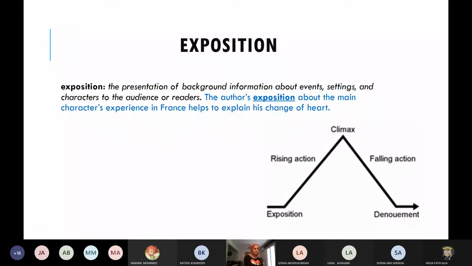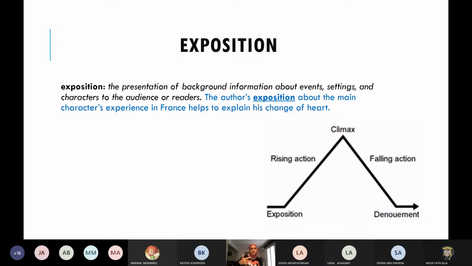I have to meet the characters, because I have to understand who is going to talk. I have to understand the setting. So when and where should be said in the beginning. So in the exposition, I meet the characters, the setting, and kind of the introduction of the conflict.